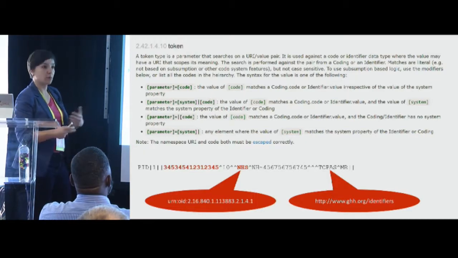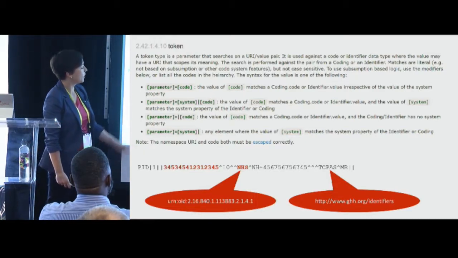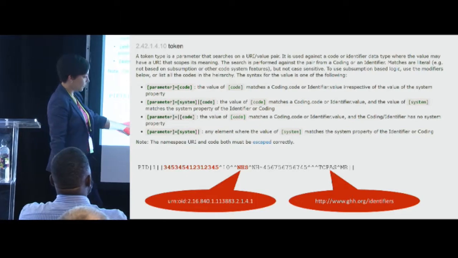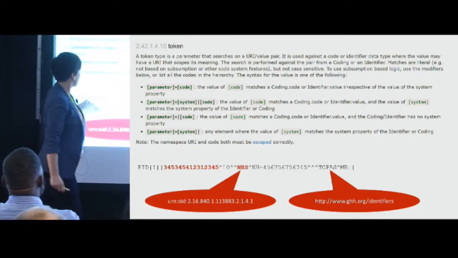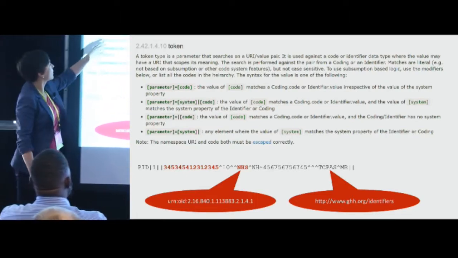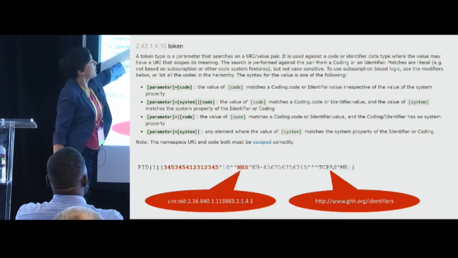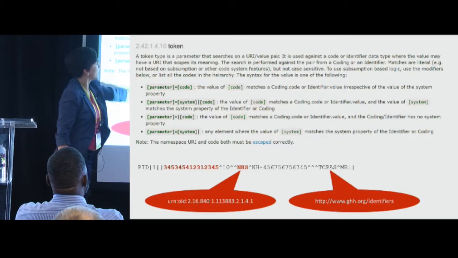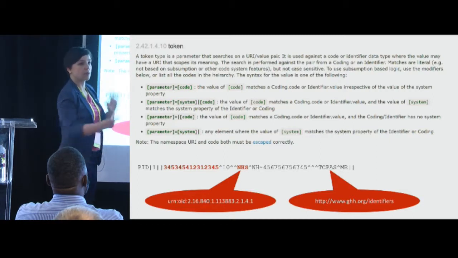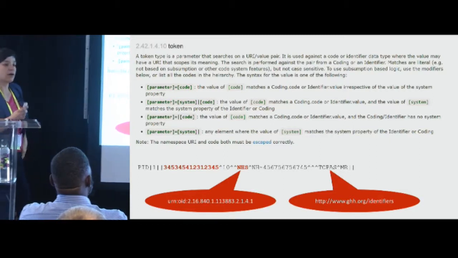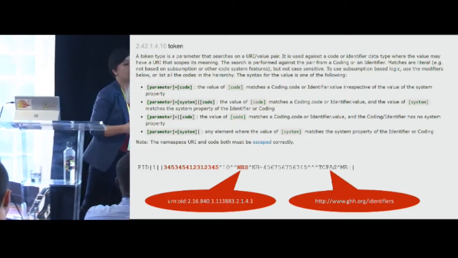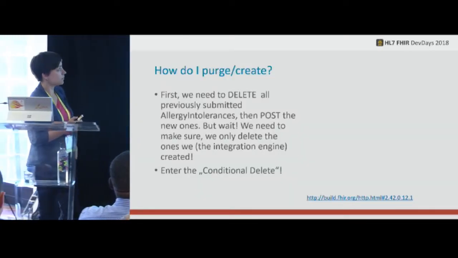So in a FHIR query, we would be looking for an identifier from this namespace with this value. That's what we do with the token parameter, where we just say identifier equals, and then the system URL, whatever it is, and then a pipe and the code in the back, to make sure that our identifier only matches if it comes from the same namespace.